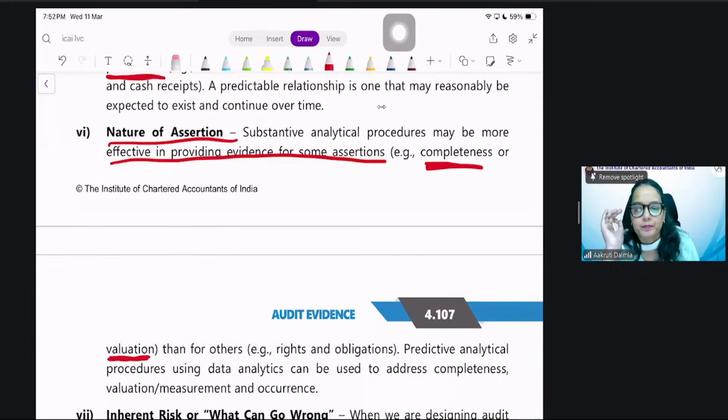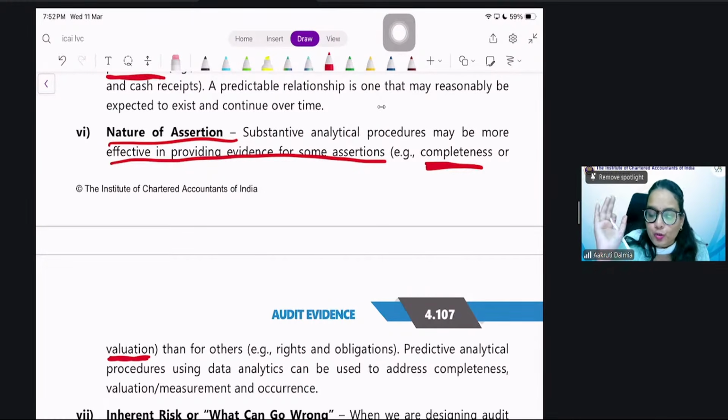But tell me, if I want to know whether inventory exists or not, or whether the rights and obligations exist or not, is analytical procedure useful for those assertions?